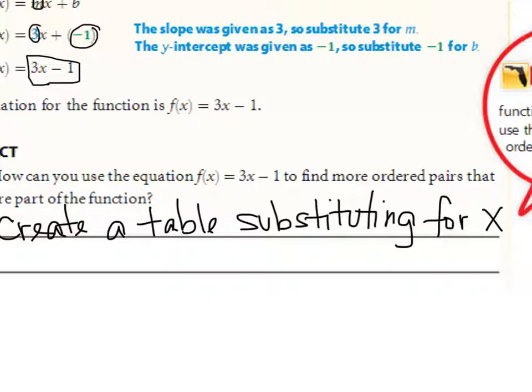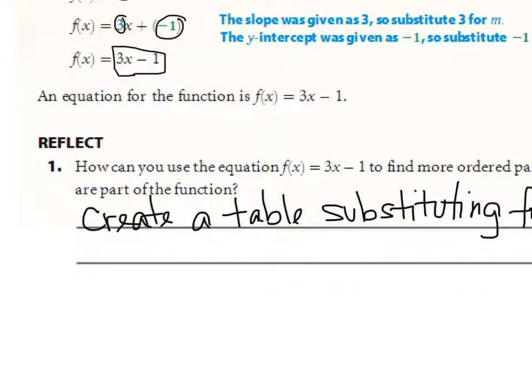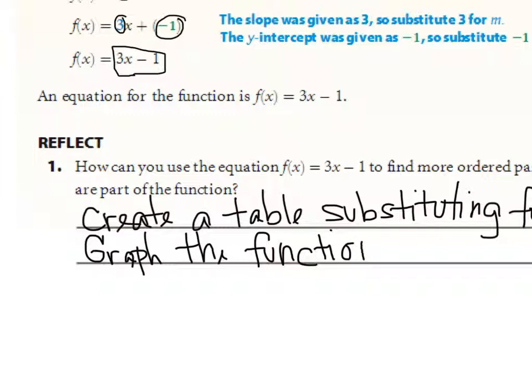The second way is you also could graph this function, 3x minus 1, using the fact that it has the y-intercept of -1 and a slope of up 3 over 1, and look at which ordered pairs are on the line. Both of those ways would give you as many ordered pairs as you would need.